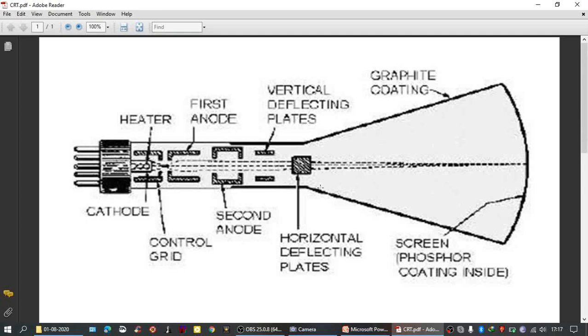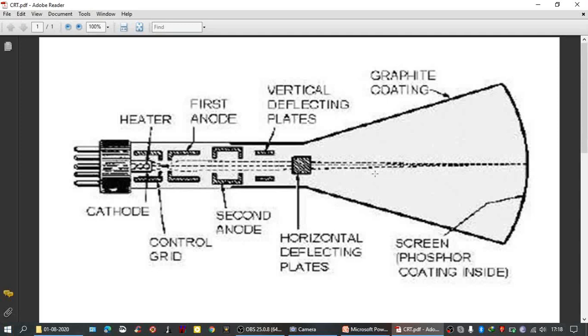The other one is set of electrodes mounted vertically, which make the electron to move horizontally in the plane. These electrons, that means the electron beam moving vertically and horizontally, will go and hit the surface of the CRO screen at different points of the screen.